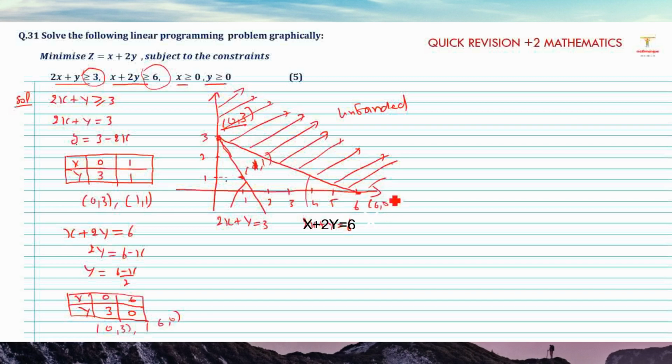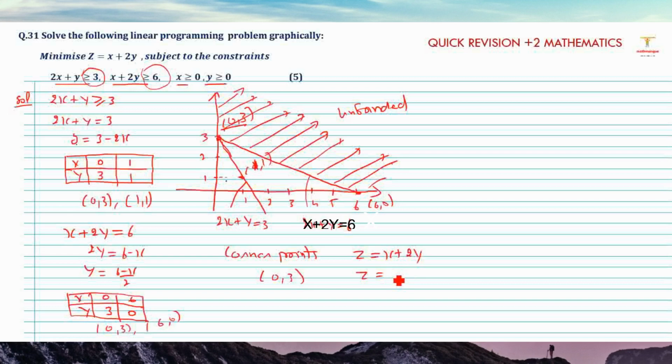Now, this is the area and this area is unbounded. So you can take these corner points, and this is the value of z, that is equal to x plus 2y. Now, one corner point is 0 comma 3 and z comes out to be, if you put the value, 0 plus 2 times 3, you are getting 6.